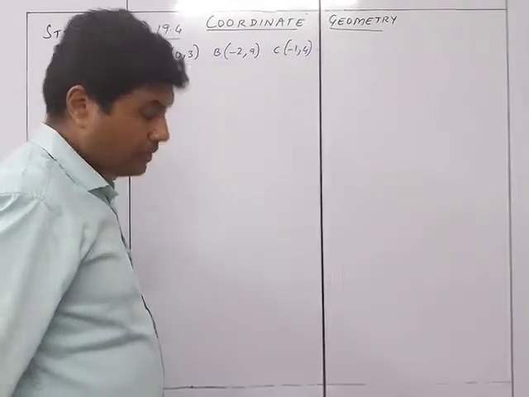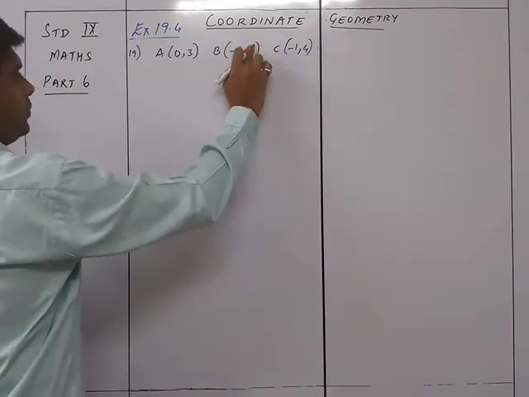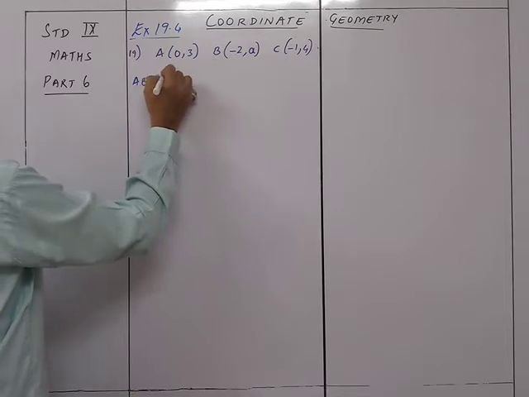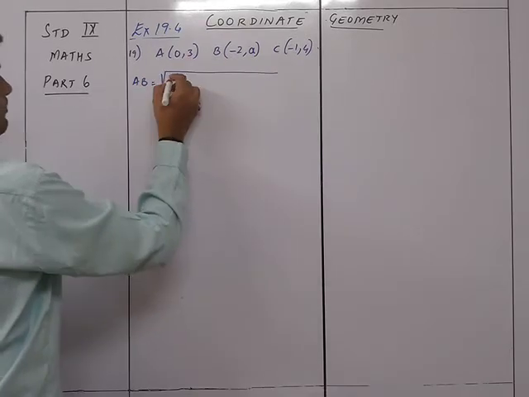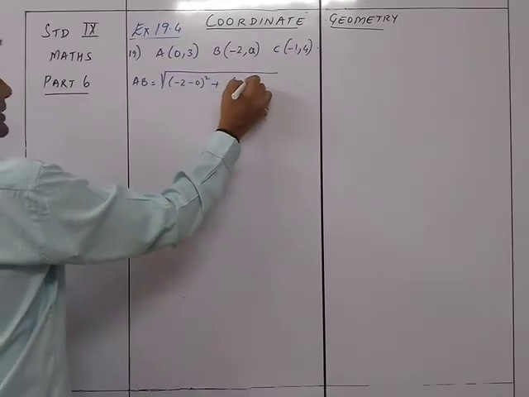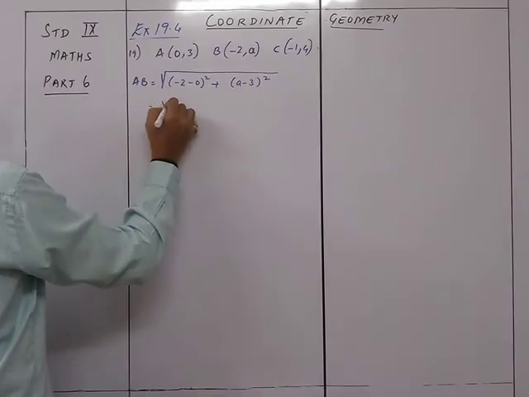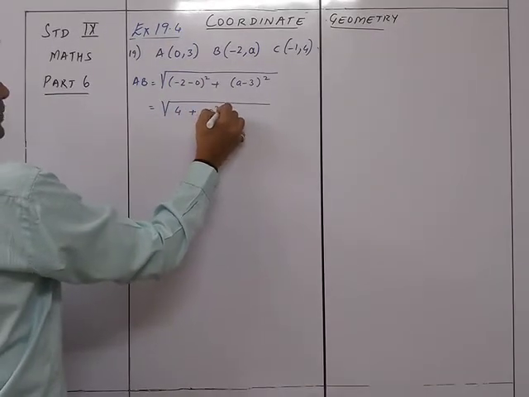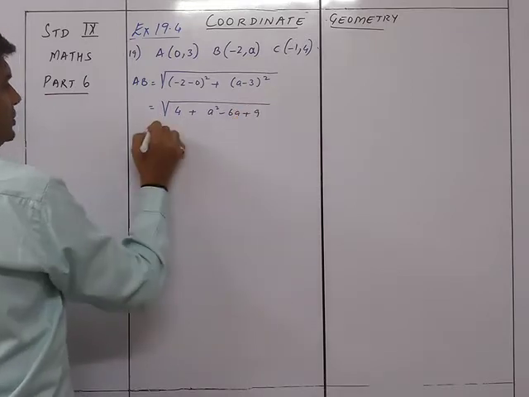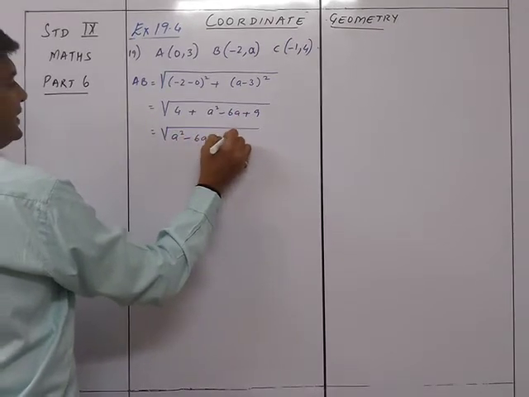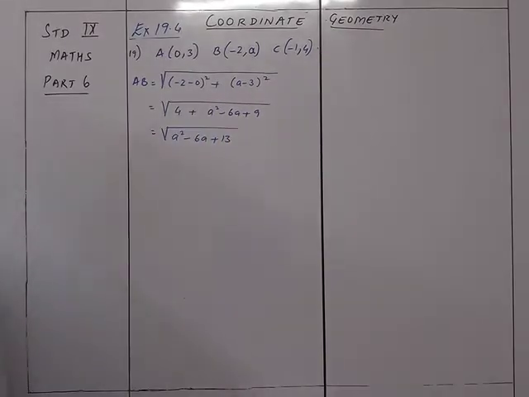First of all, we say that AB is equal to square root of (-2 - 0) the whole square plus (A - 3) the whole square. That is going to be 4 plus A square minus 6A plus 9. So that's going to be square root of A square minus 6A plus 13. That's AB.